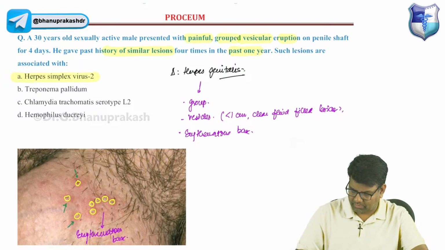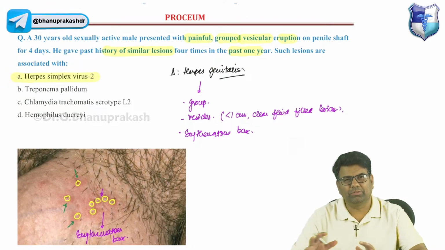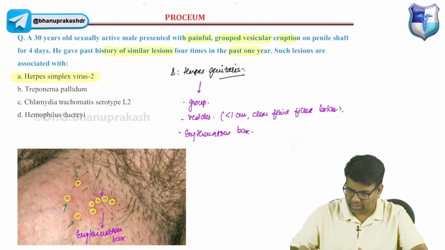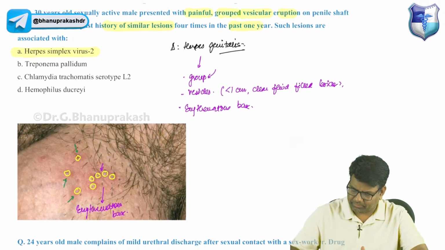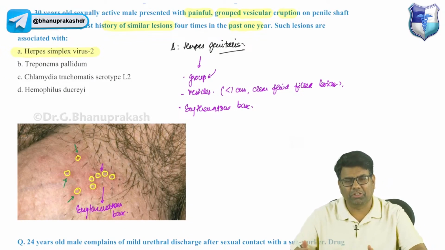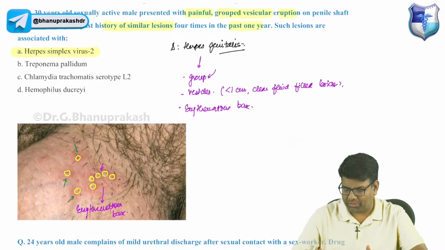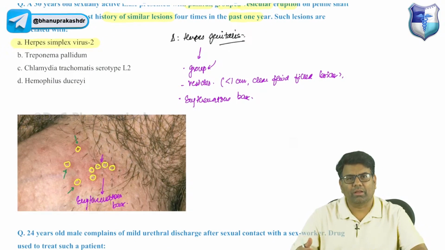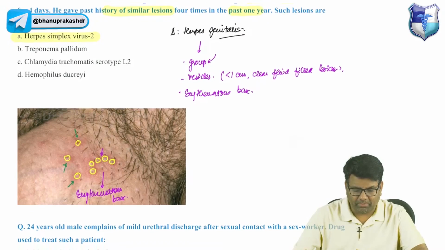Mostly we find these vesicle groups, and that is very specific for herpes. Since this is a high friction area, at times there might be rupture of these vesicles, and the patient might come to us with ulcers.